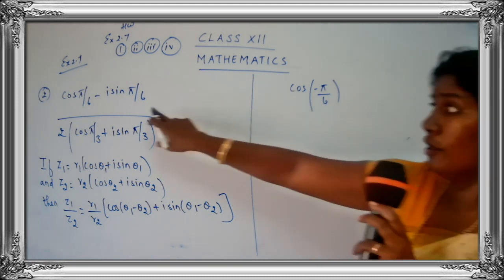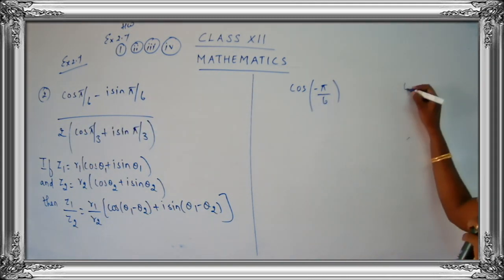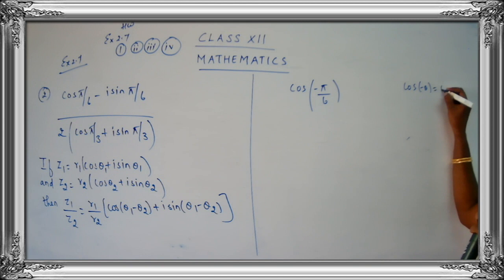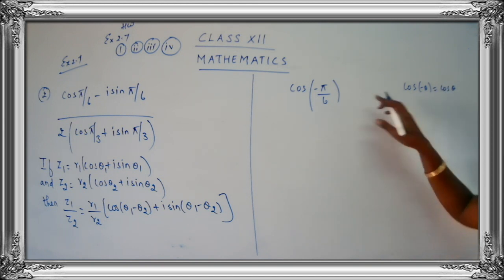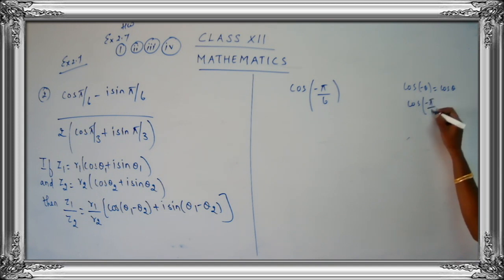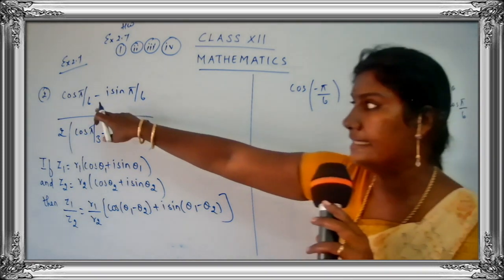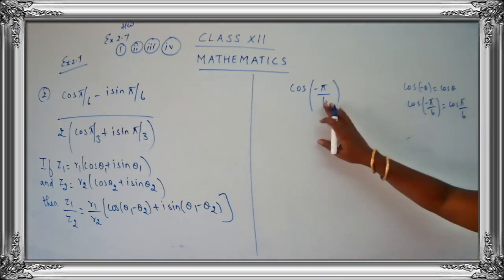Now, cos pi by 6 and cos minus pi by 6 are one and the same, because I have told you cos of minus theta is equal to cos theta. So cos of minus pi by 6 is equal to cos of pi by 6. Do you agree with this statement? Yes, because minus theta changes to theta. So I can write pi by 6 as minus pi by 6.